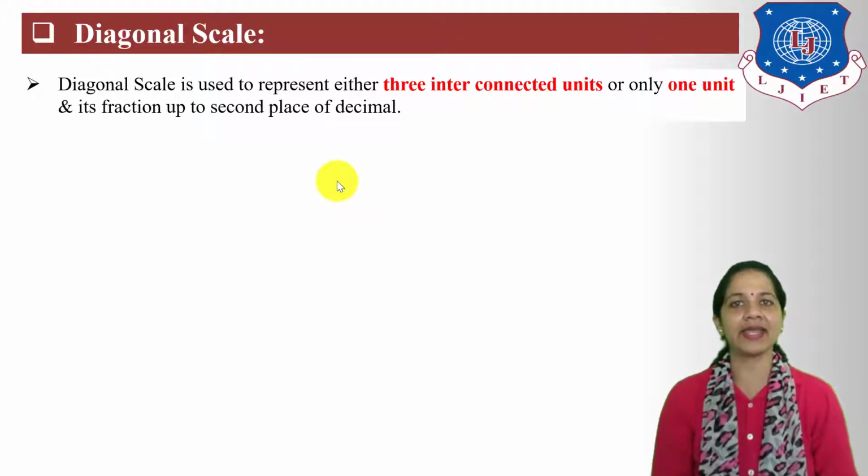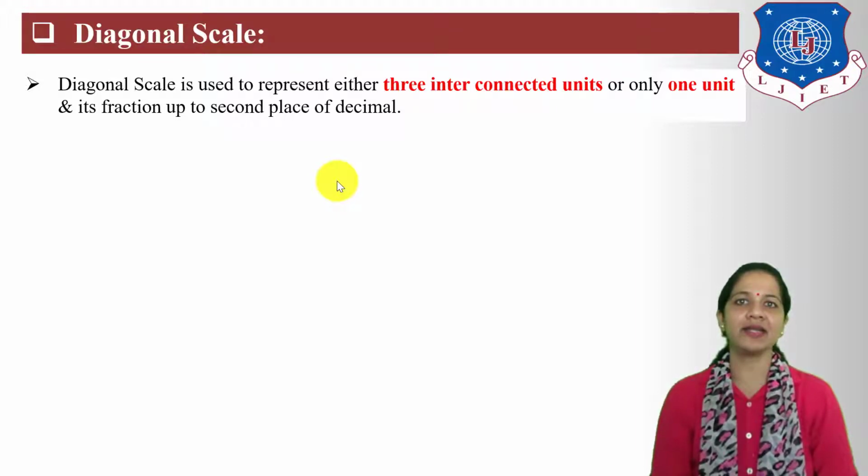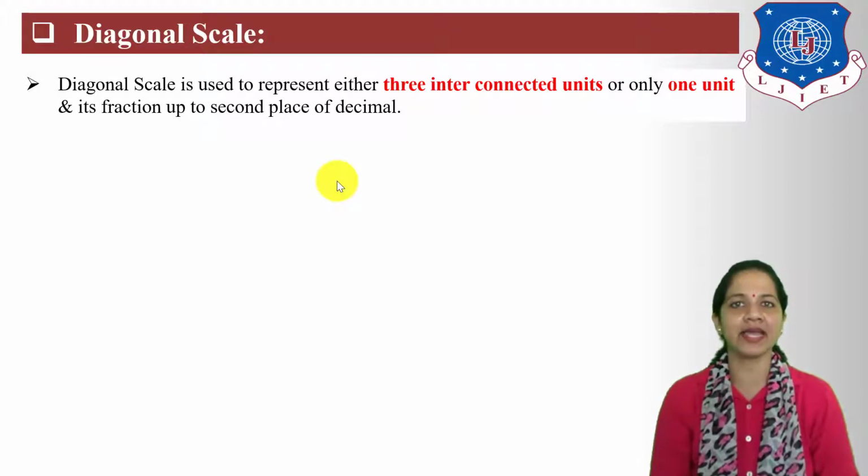Plane scale is used to represent two interconnected consecutive units and diagonal scale is used to represent three interconnected units. Now, both scales are used for single unit also. Plane scale is accurate up to first place of decimal and diagonal scale is accurate up to second place of decimal.